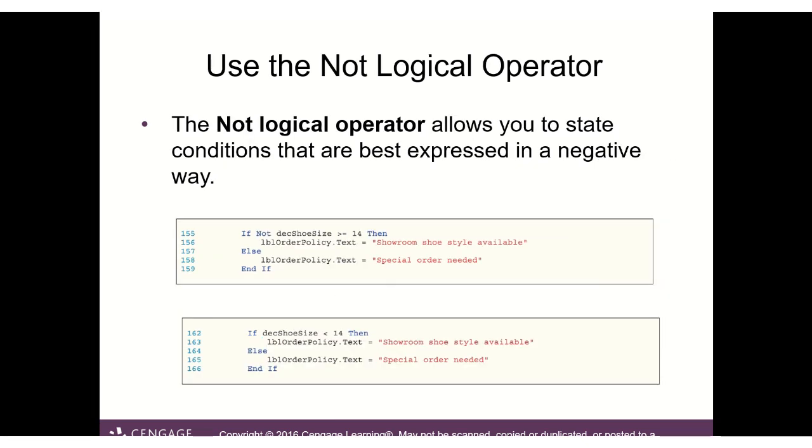And the not is basically where you say that it is not true. So you say if not something is greater than or equal to, that means line number 155 and line number 162 carry exactly the same meaning. So not greater than or equal to 14 means less than 14, right?